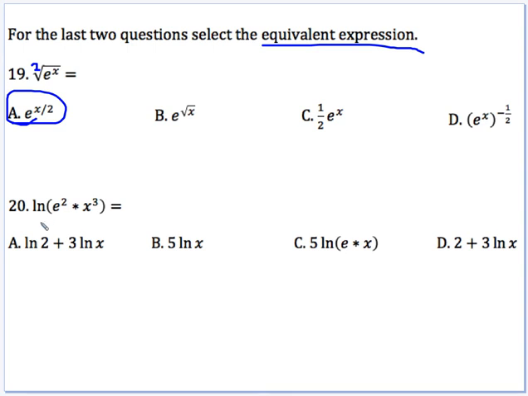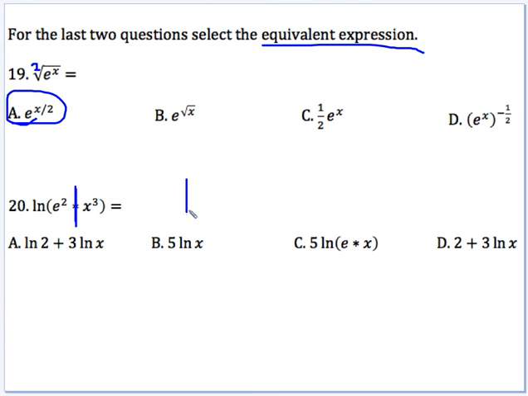Okay, last one, natural log of e squared times x cubed. Okay, remember, go ahead and deal with the multiplication here first. And then deal with your exponents. In this case, this is a little bit more complicated.